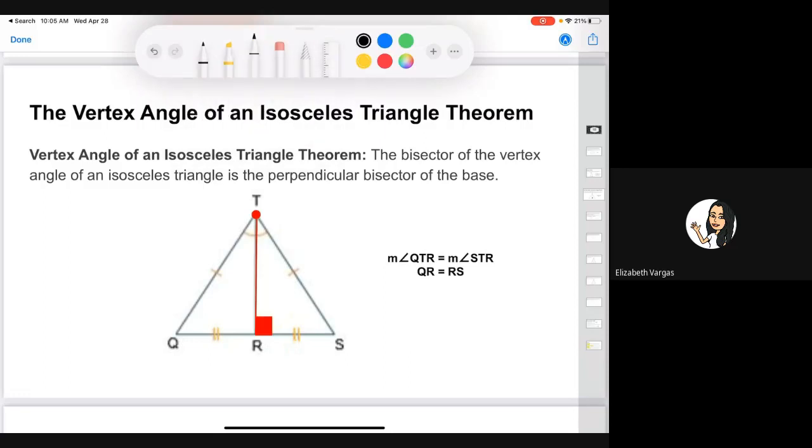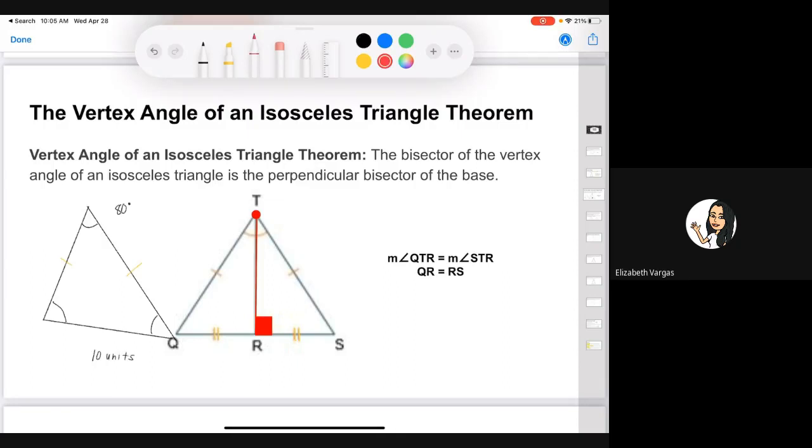Okay, that being said, say that I have an isosceles triangle, specifically. And of course, I have my two base angles and I have my vertex angle. Well, so then I know that my vertex angle is equal to 80 degrees. And then I know that my base side is equal to 10 units.